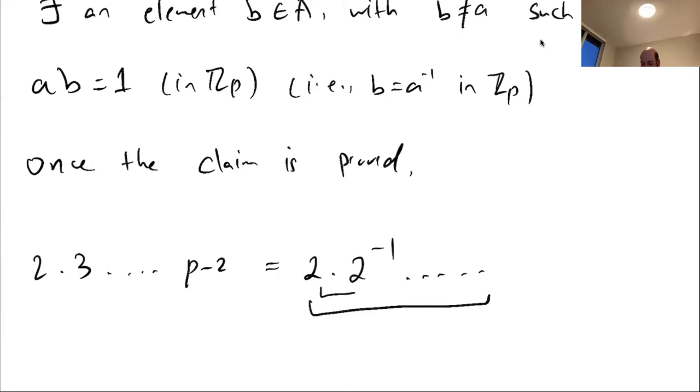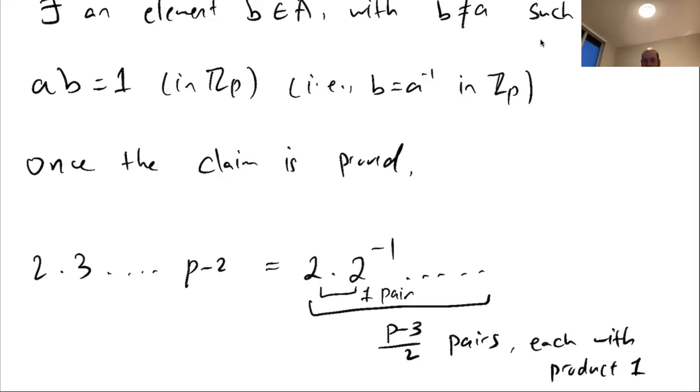So this is, let's say, 1 pair. Each number is paired up with its inverse, so in total I would have P minus 3 over 2 pairs, each with product 1: 2 and 2 inverse, then 3 and 3 inverse.